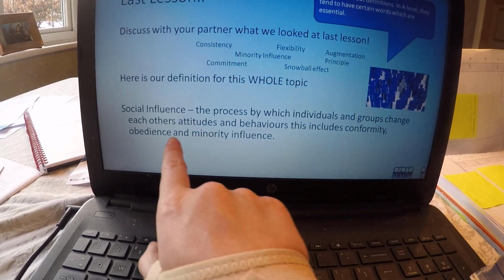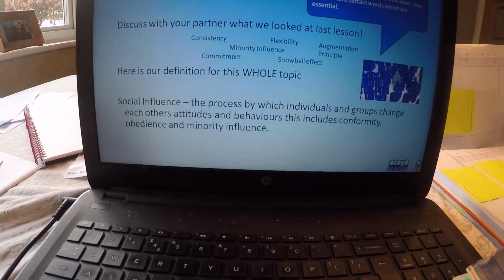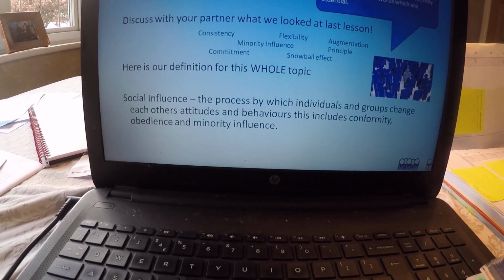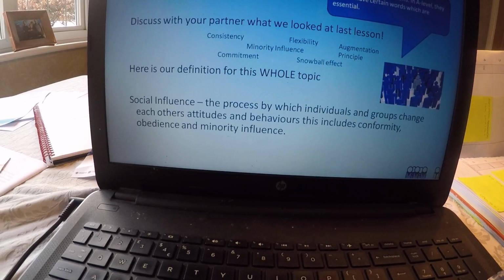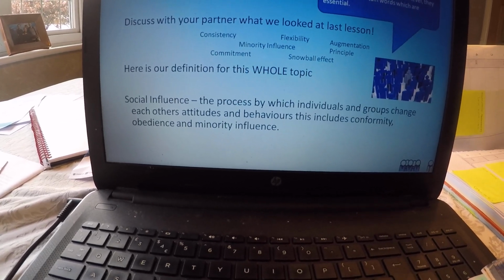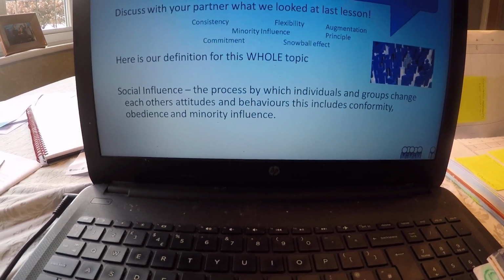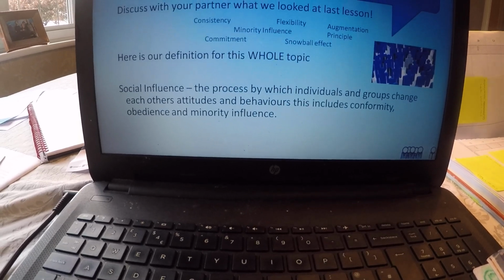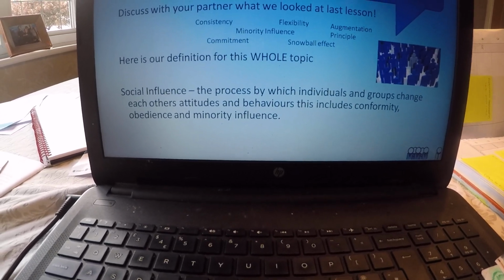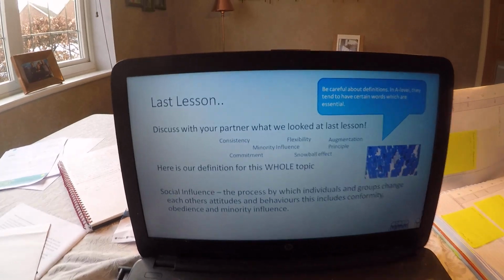These are our absolute key words. So social influence, all you need to remember is that it will surround itself around conformity, obedience and minority influence. If you do not know the definitions for those words, then make sure you've got them down.